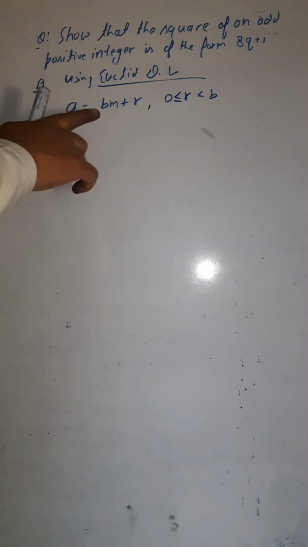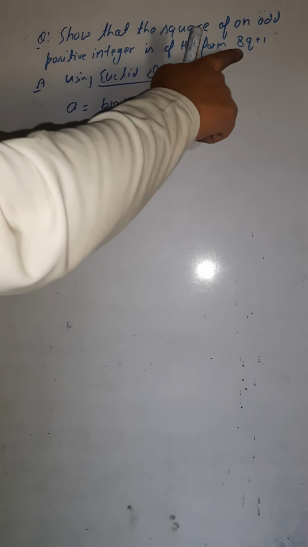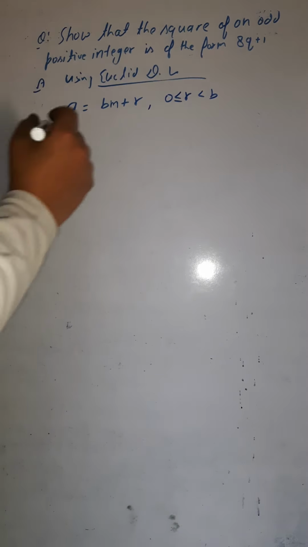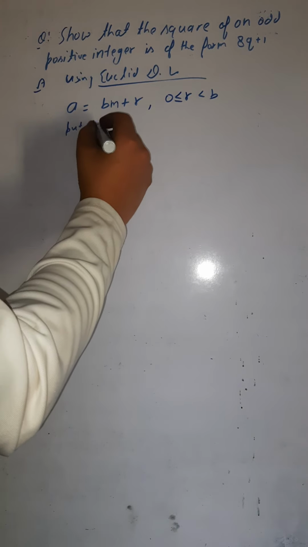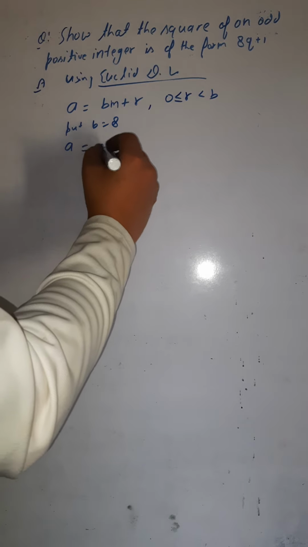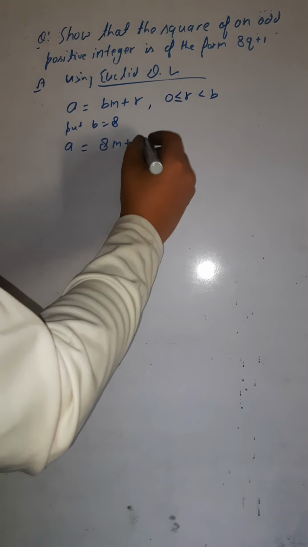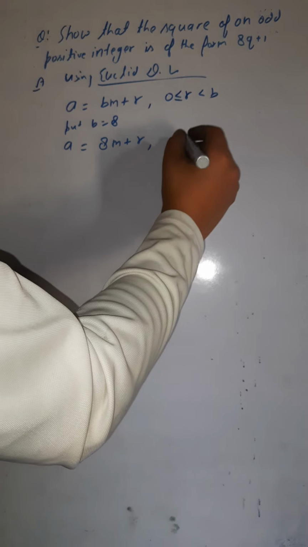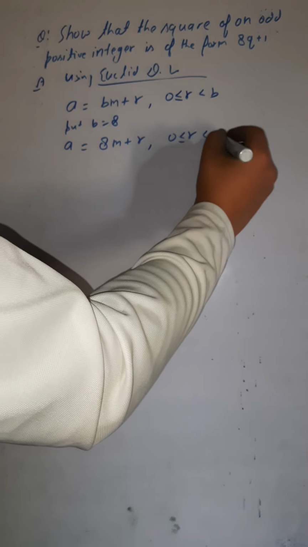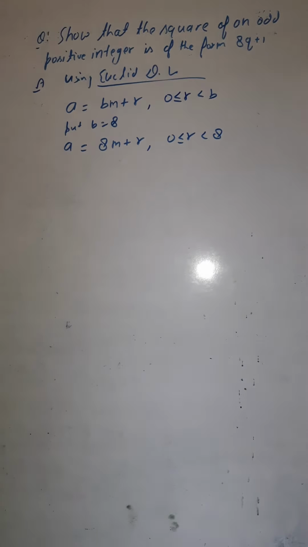Okay, now if in place of b I put the value 8, because here it has been given as 8, so now put b equals 8. So what would be the value of a? A would be 8m plus r, where r would be greater than or equal to 0 and less than 8, because b is 8 here. Okay, so now what could be the value of r?